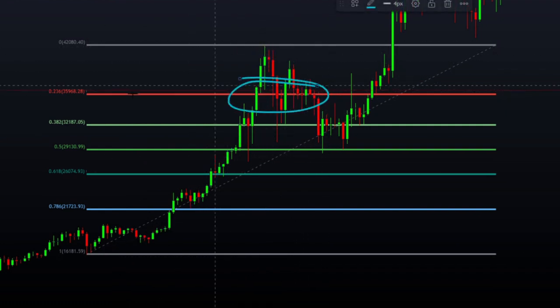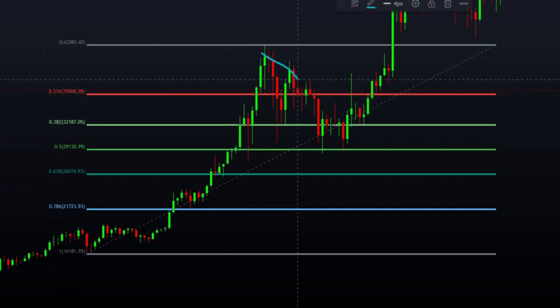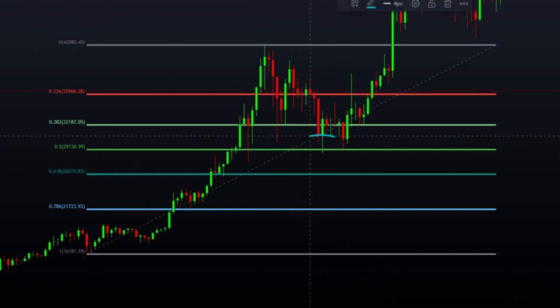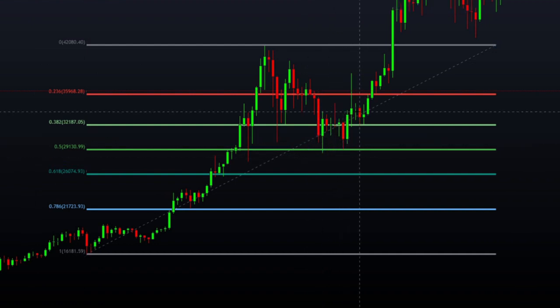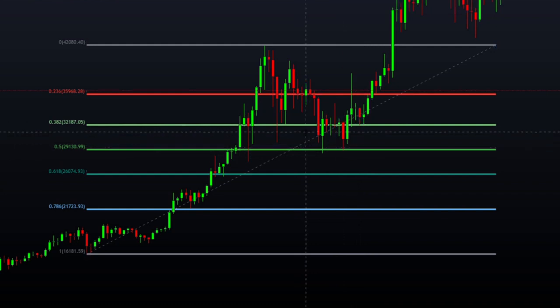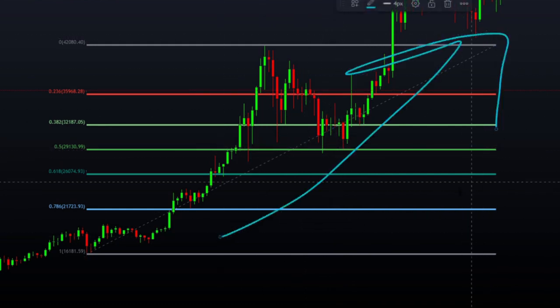And when it went below this 0.236, then you pretty much know that we're talking about a real retracement here against the trend. And one strategy here could be that when you started to see buyers coming in multiple times at the retracement level, you can see one time, two times, and then we also saw a bullish engulfing pattern. That could indicate that we're actually reversing here and that the trend will continue to the upside.